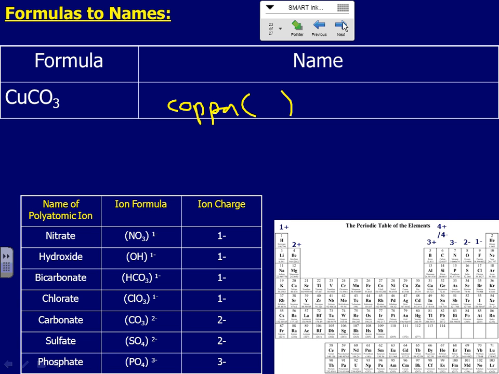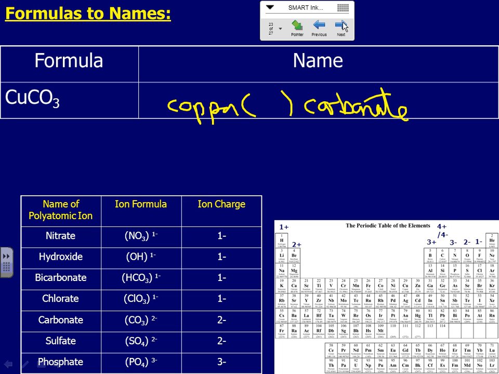It is carbonate. So it's a carbonate. What's the charge on a carbonate? Yep. -2.